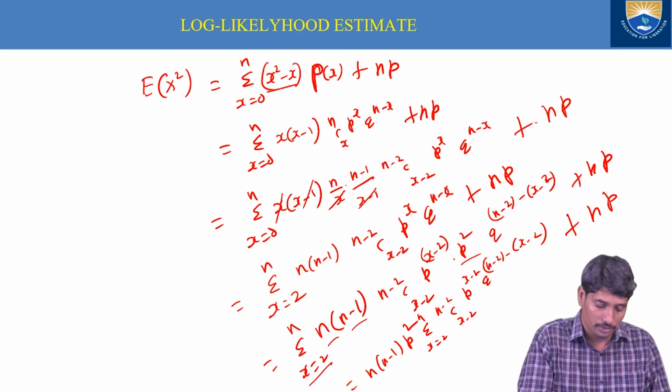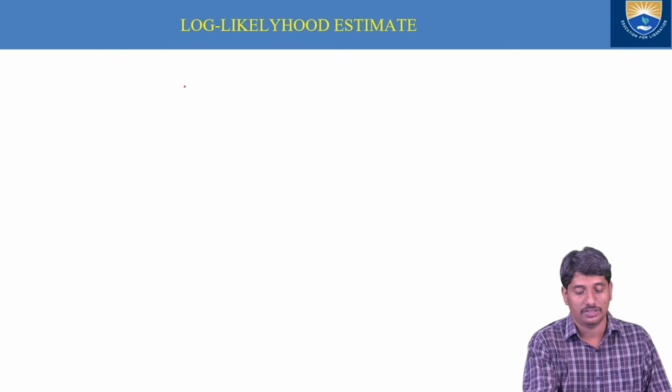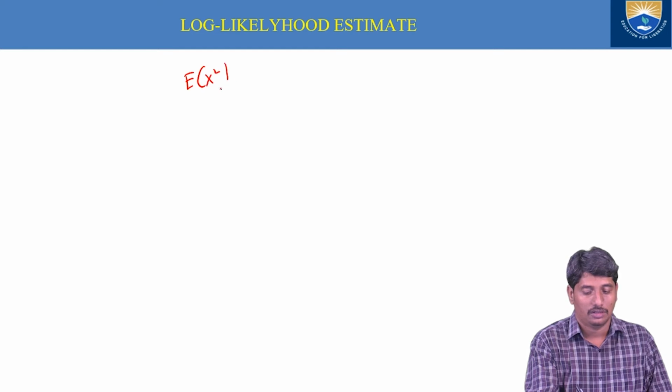So what we get, let me write it in a more clear way and summarize that. We started with E of x square, that is summation x square into binomial p of x, x = 0 to n.